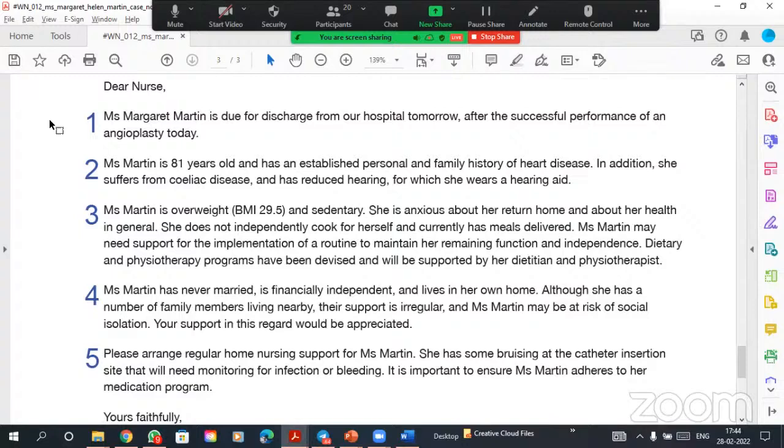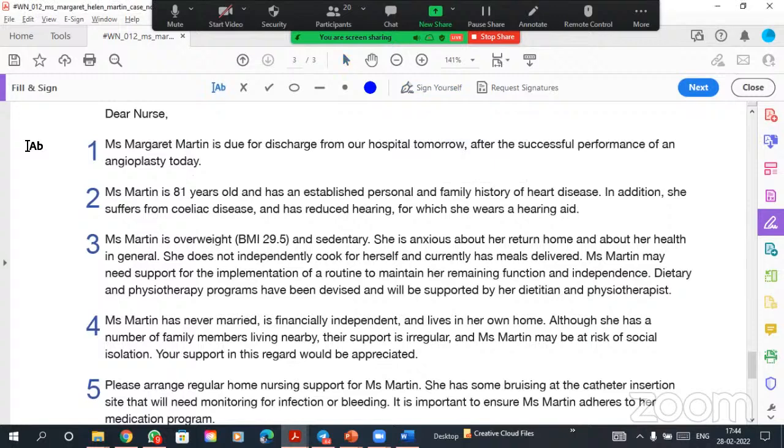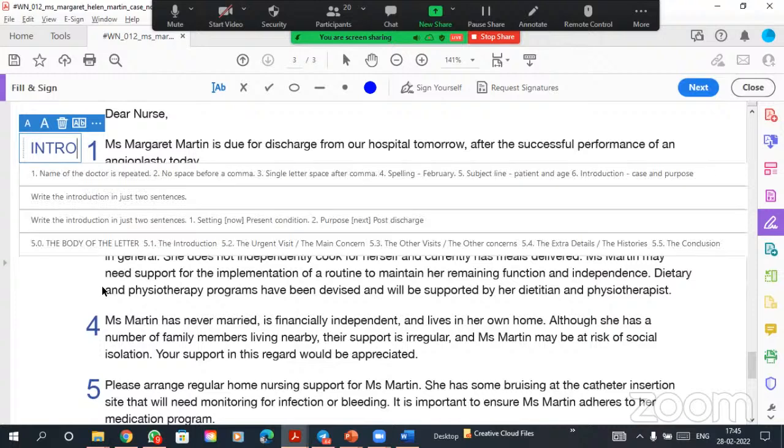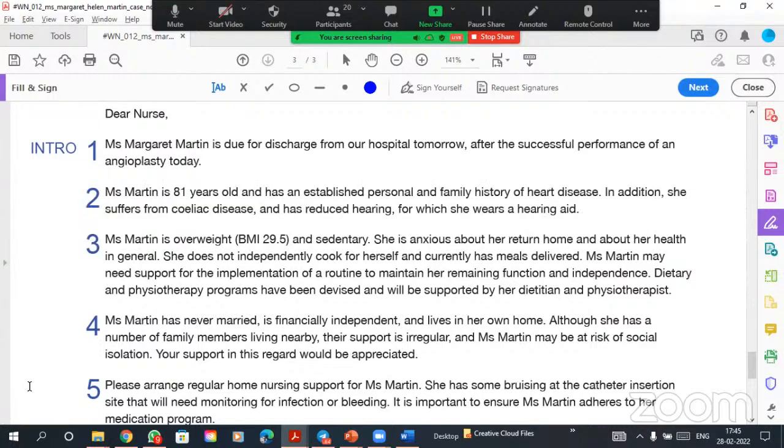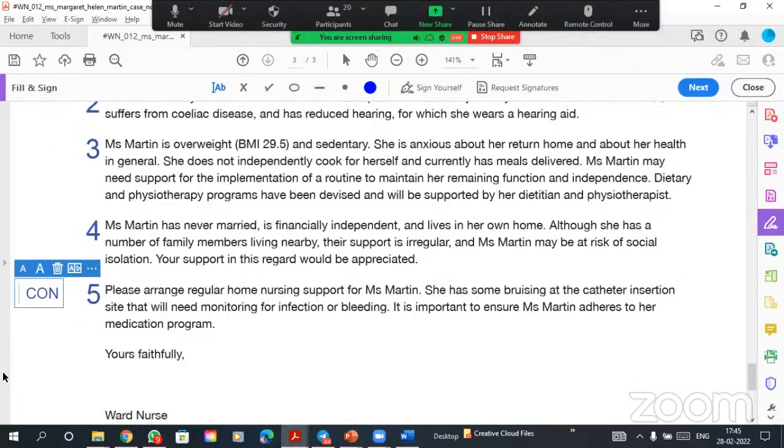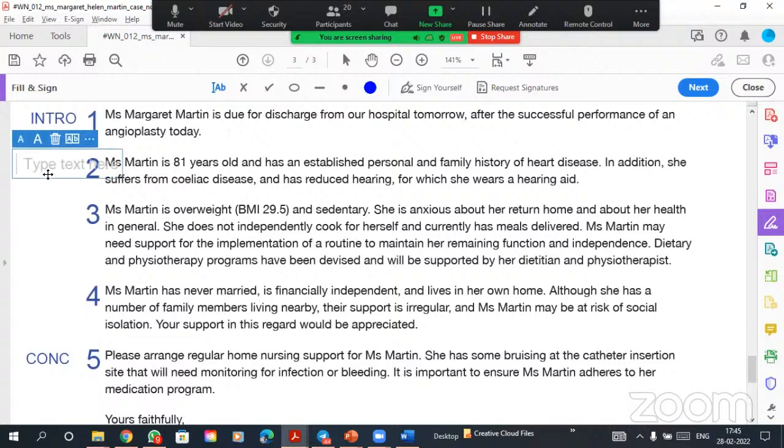I'm dividing it. This is the intro. And this is the conclusion. And this is main body paragraph 1, MBP1.